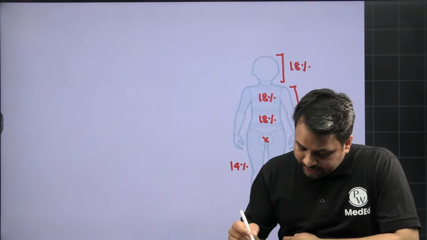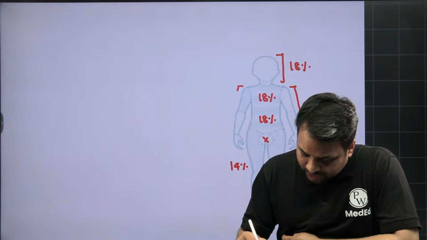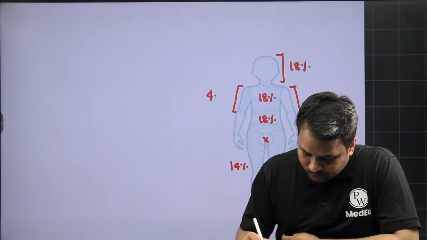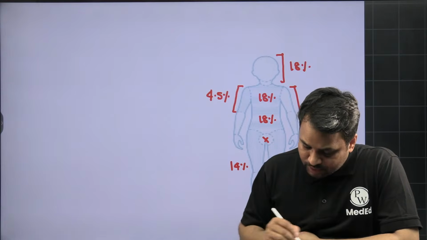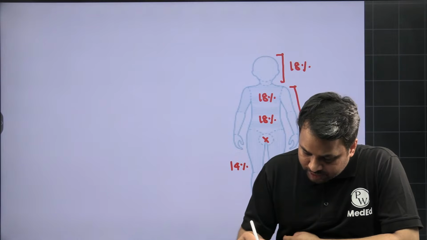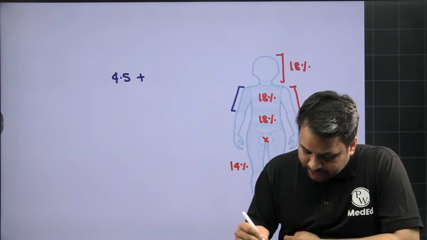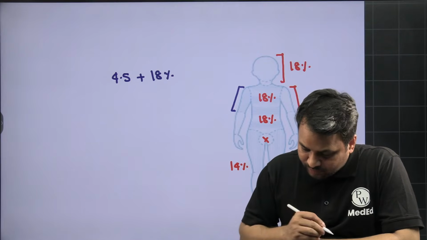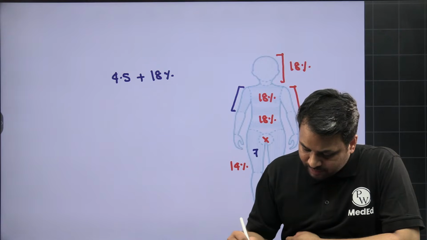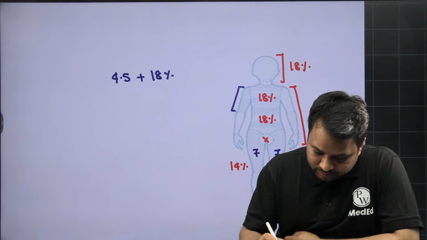So here, what is burnt? In the upper limb, only half is burnt. So out of 9%, it is going to be 4.5%. So the upper limb, half is involved, so 4.5% is involved. Then the anterior trunk, which is 18%, is involved. Then the upper half of the lower limb, so this is going to be 7% and this is going to be 7%. So 7 plus 7 is going to be 14%.